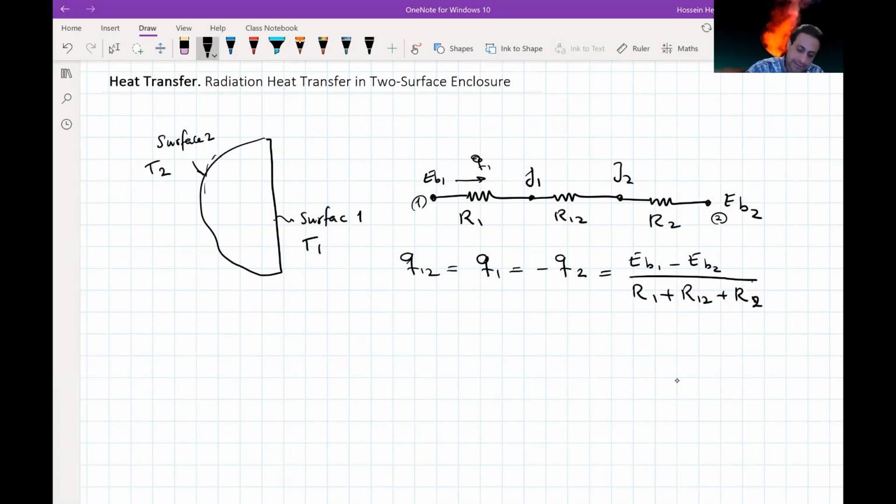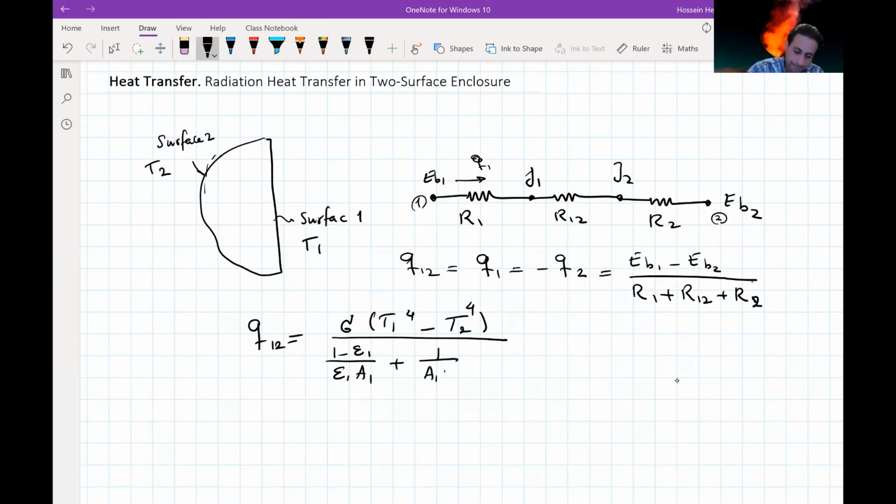Now if I just replace the values for them, Q12 would be sigma T1 to the power of 4 minus T2 to the power of 4, divided by the surface resistance for surface 1, which is (1 minus epsilon 1) over epsilon 1 A1, plus the space resistance, which is 1 over A1 F12, plus the surface resistance for surface 2, which would be (1 minus epsilon 2) over epsilon 2 A2.